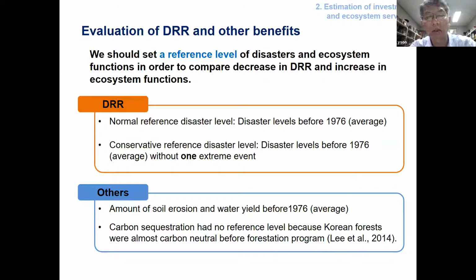And in terms of benefit, we have one normal reference level for soil erosion and water yield. However, we do not have reference level for carbon sequestration because Korean forests were almost carbon neutral before the forestation program.